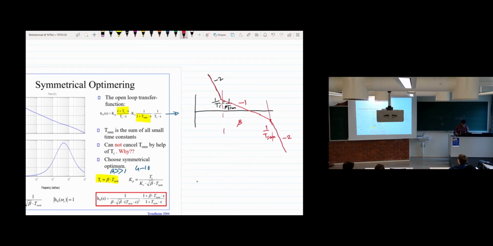So if you use the symmetrical optimum, you get the point somewhere here with a very high phase margin. Therefore you apply the symmetrical optimum tuning method here.